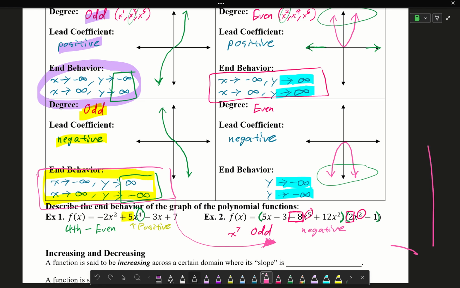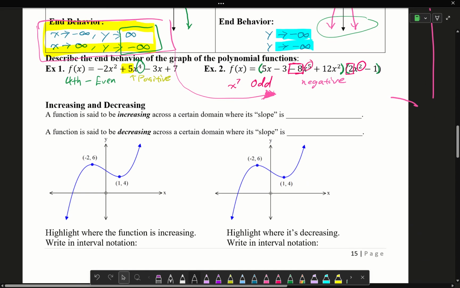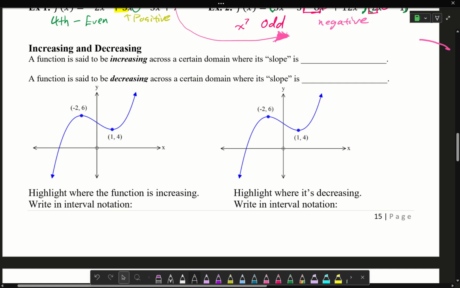All right, sliding down to increasing and decreasing. A function is said to be increasing across a certain domain where the slope is positive. And the function is said to be decreasing across a certain domain where the slope is negative.